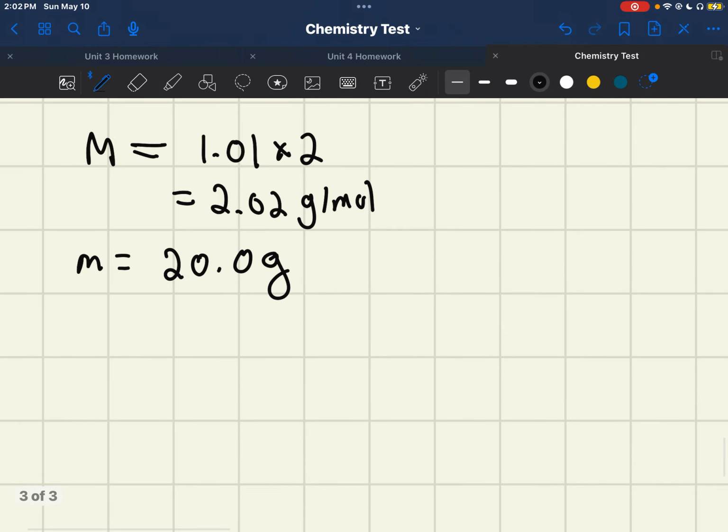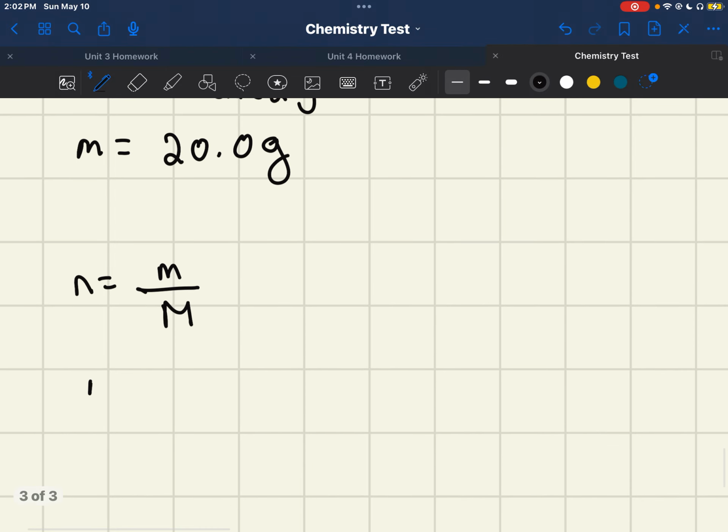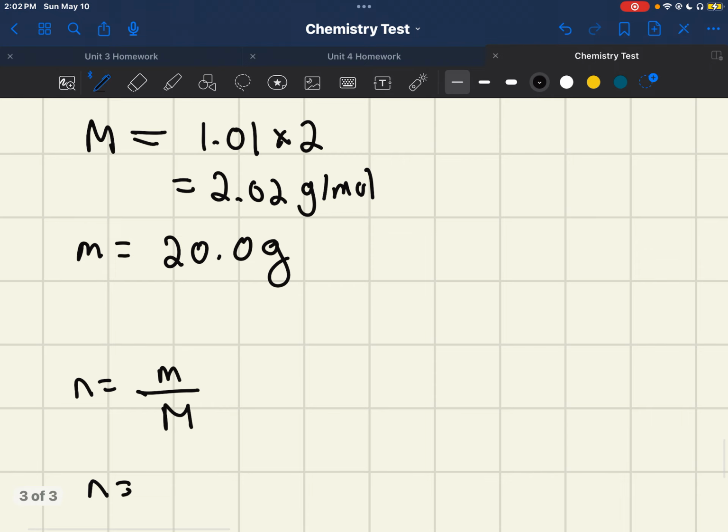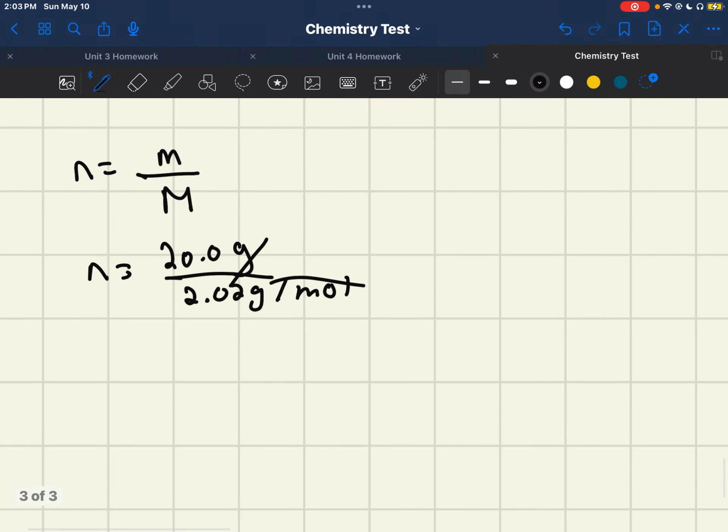And then the moles is what we're trying to find, which has the formula mass over molar mass. So it's just going to be 20.0 grams over 2.02 grams per mole, right? And if you look at this, the grams cancel out. You're just left with mole, which makes sense because n is your mole.